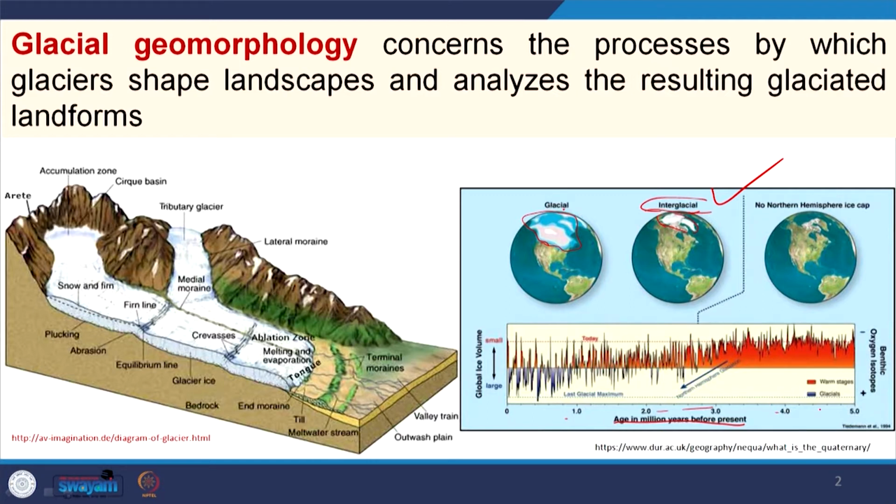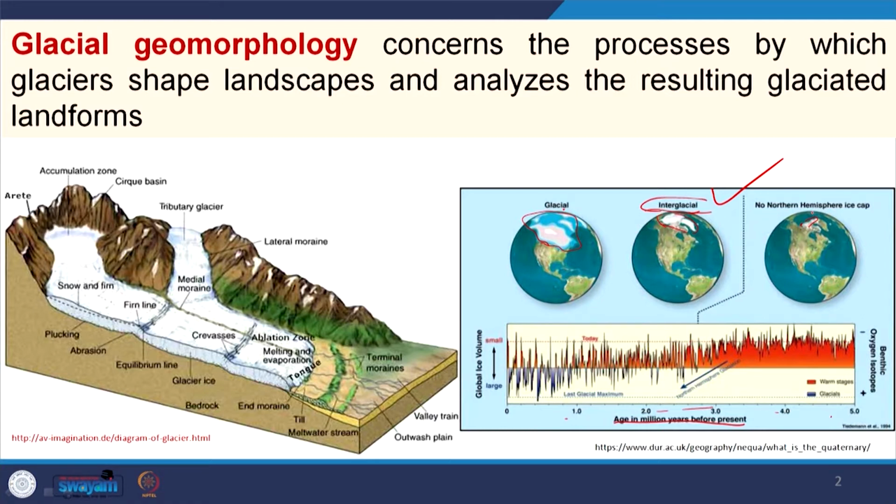Similarly, if you go further down, only this part has glaciers. So, due to this glaciation and deglaciation in the geological past, many times a major part of the landscapes has been changed, and this change has been well recorded in the rock record.